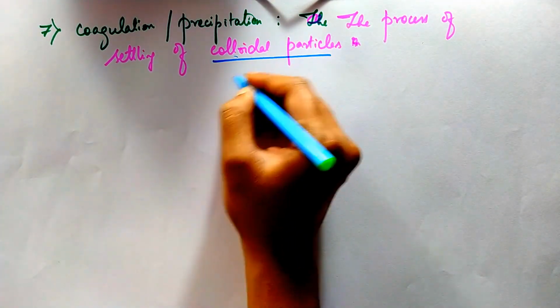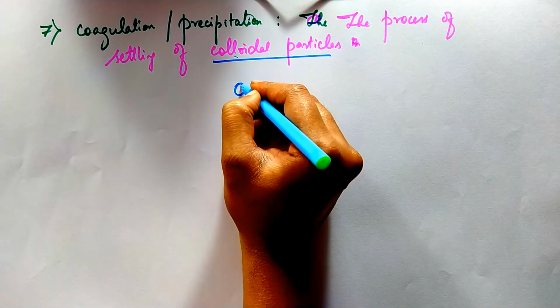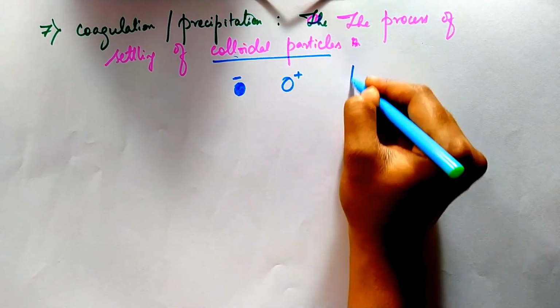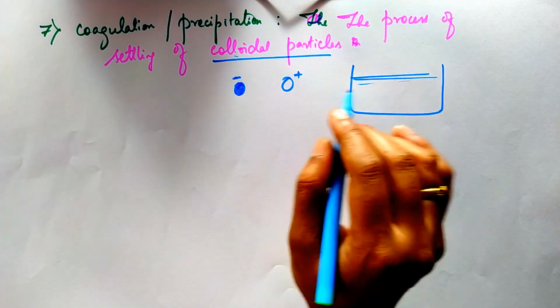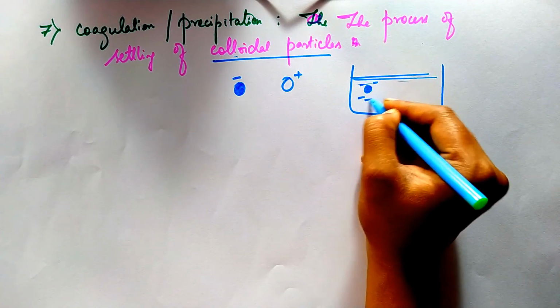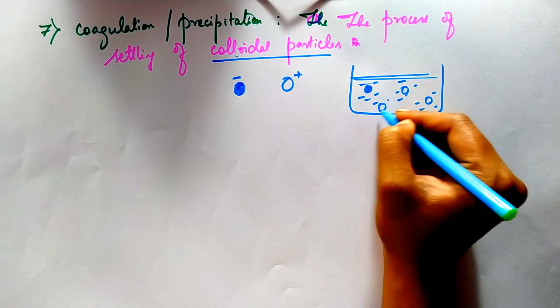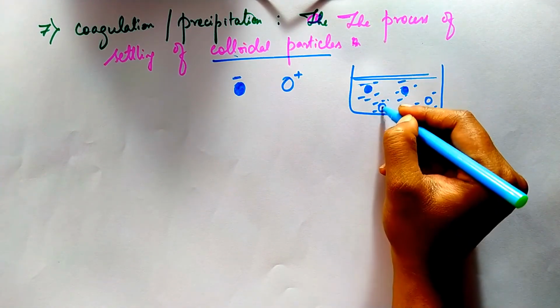So you all know that I have explained that all colloidal particles contain a charge, that it may be negative or positive charge. The whole solution, if I take a solution, contains the same charge. Now I am taking a colloidal particle which has a negative charge. Here all the colloidal particles are negatively charged.